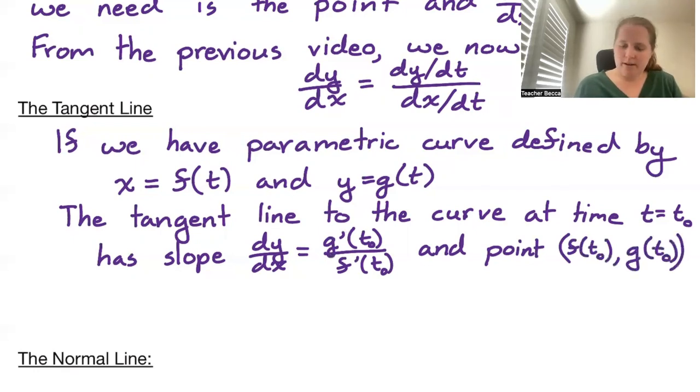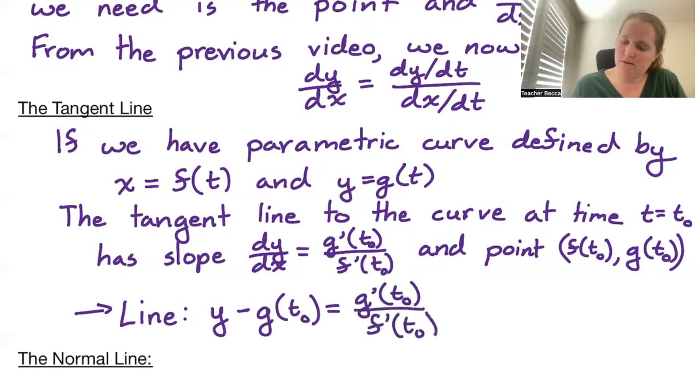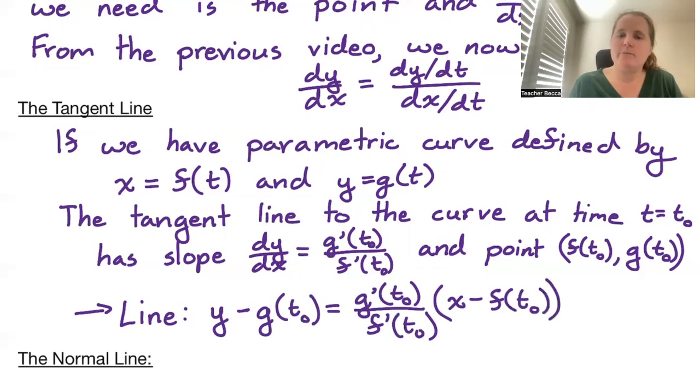So our line takes the form y minus g of t naught is equal to g prime of t naught over f prime of t naught times x minus f of t naught. And that's point slope form. We have our point, we have our slope.